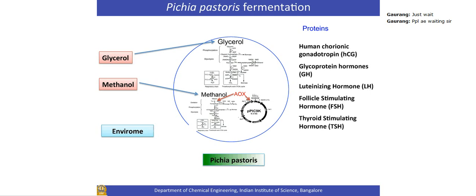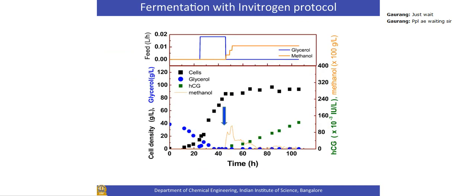So in other words, I must strike a balance between providing glycerol to make a lot of cells and then providing methanol so that these many cells start making a lot of protein, and I get the protein in a larger quantity. That's my maximum productivity.